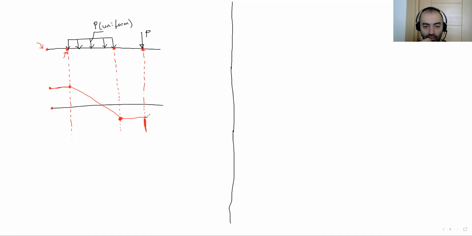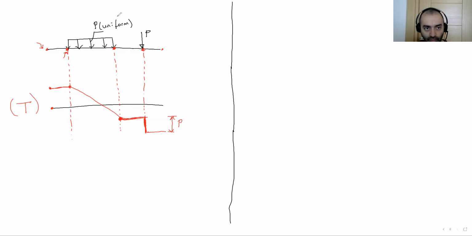I will go down, and after this point till the end of the beam, there is no external loading, and it's gonna be constant. This change on the shear force is P. I tried to show you how we apply the table to the curve. Okay, this is the shear force diagram.